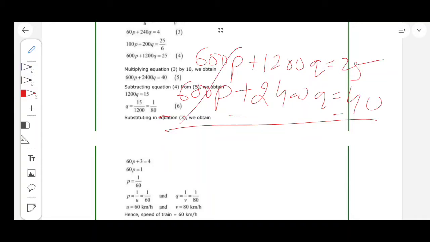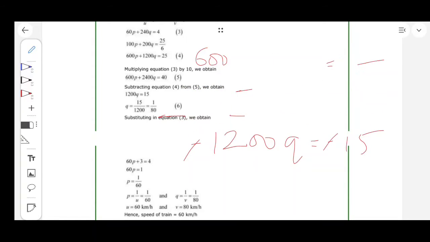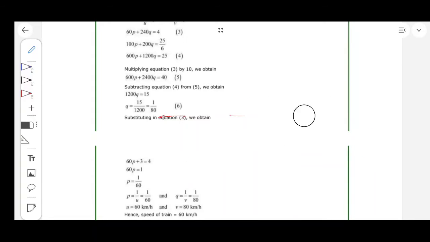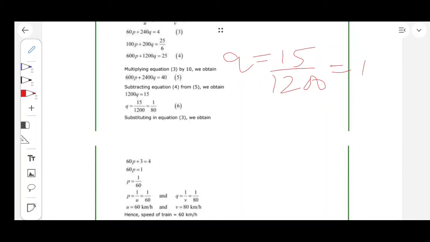The 600p terms cancel out and we get minus 1200q equals minus 15. The minus and minus signs cancel out. We get the value of q like this: q equals 15 upon 1200, or after simplifying, q equals 1 upon 80.